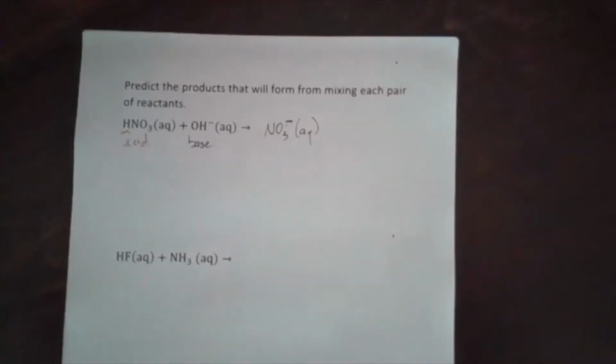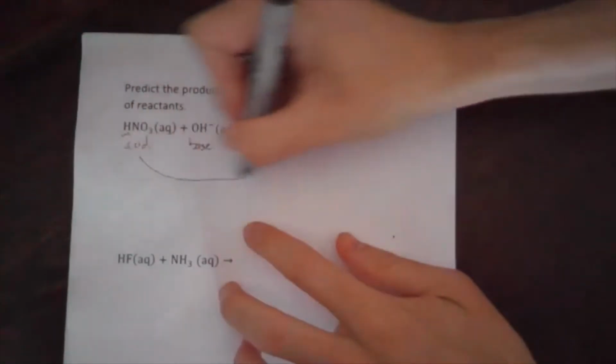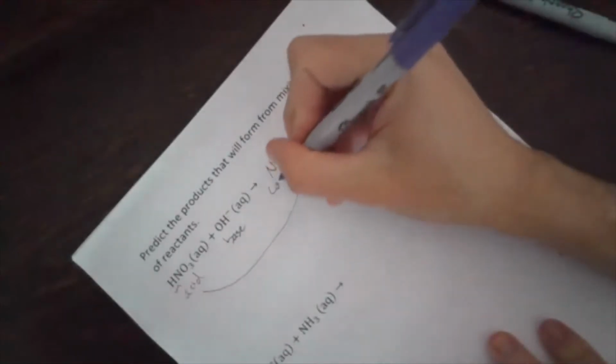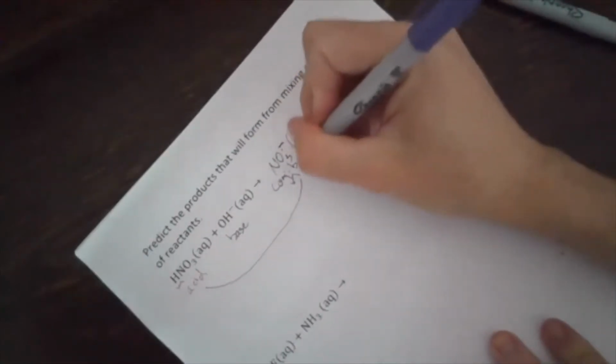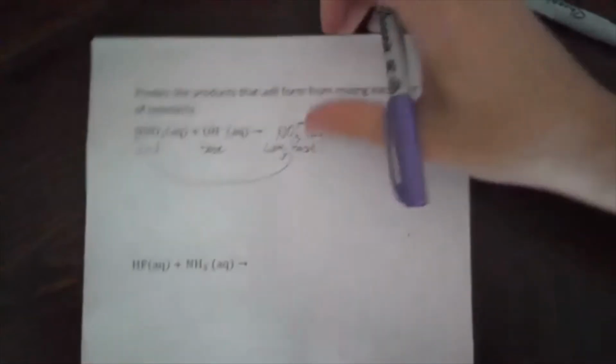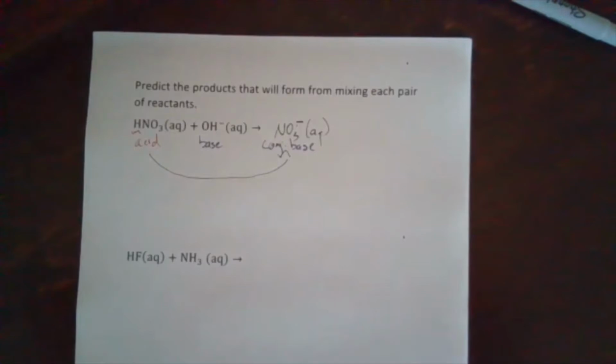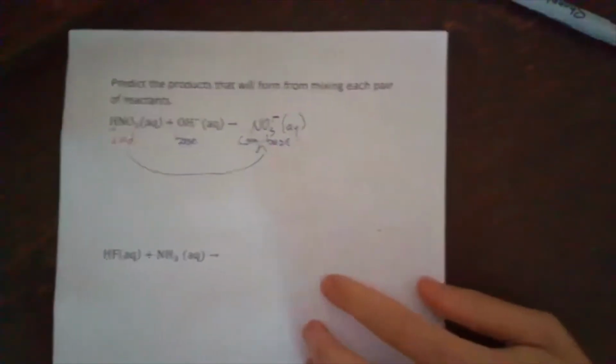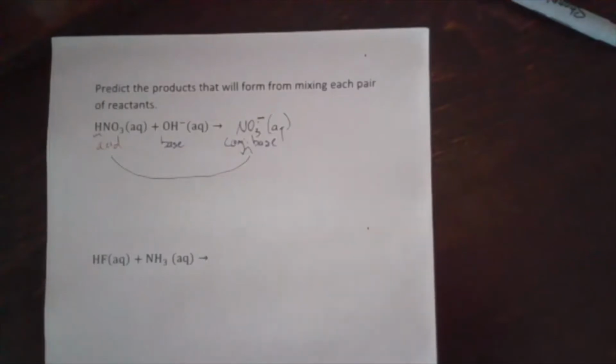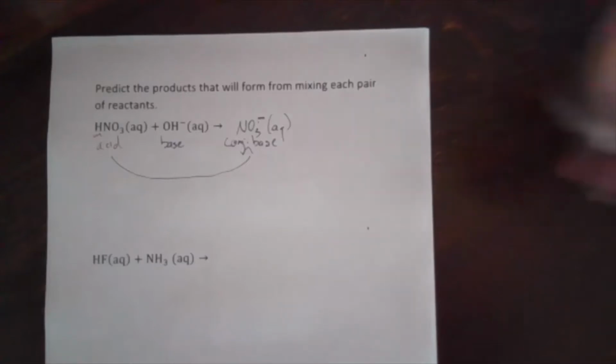You'll note that what we've created is the conjugate base. The whole idea of predicting these conjugate pairs is that's what the product will be in the reaction. So HNO3 becomes NO3 minus. You get a nitrate out of it.